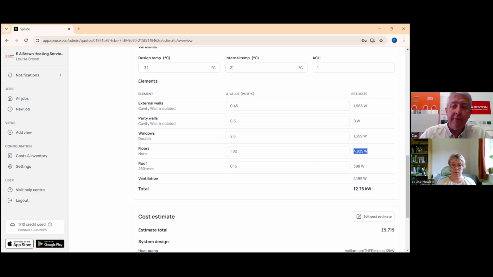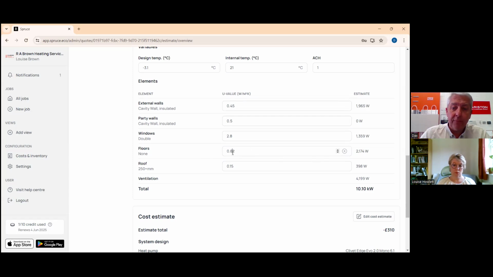this figure of 4.825 kilowatts is basically stating that that's the heat loss in the floors of the whole house. Now, the U value of your floors is probably much lower, and therefore this is a more realistic figure.